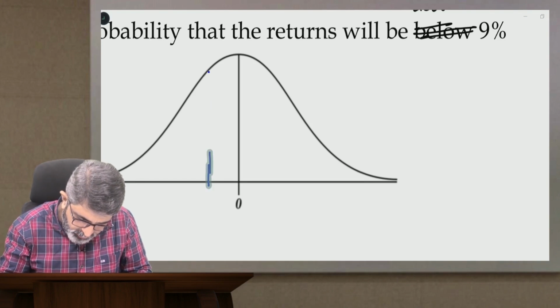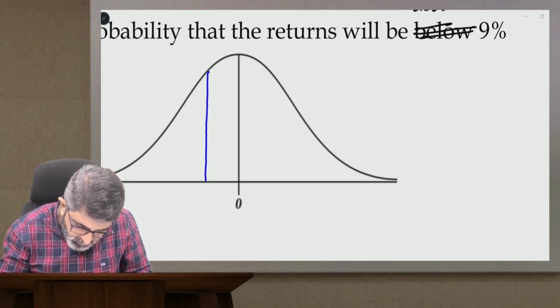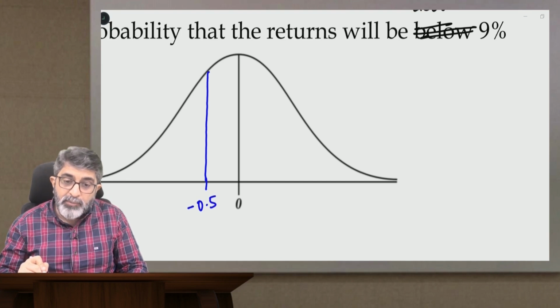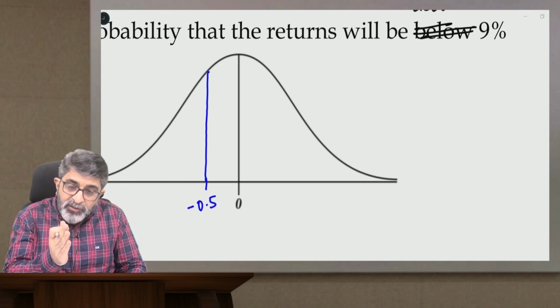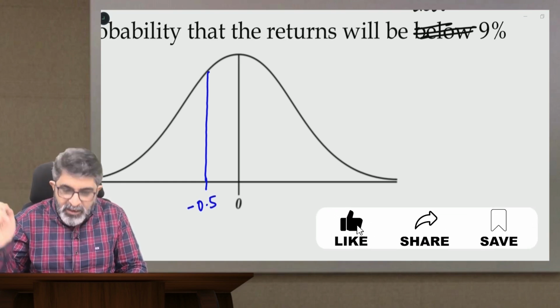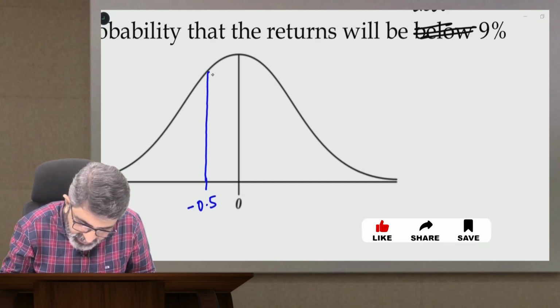Okay, let me draw it properly. Negative 0.5, and we want which area? The probability that the returns will be above 9% means all the area to the right. So all the area to the right, that means we want this entire area.